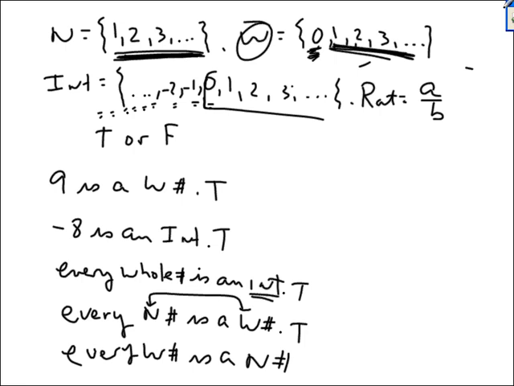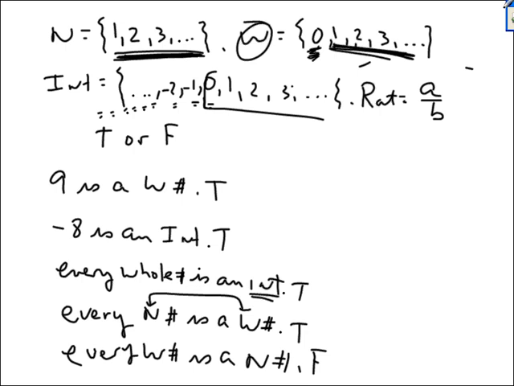Say every whole number is a natural number. That's not true. 7's a whole number, and it's a natural number. 2's a whole number, and it's a natural number. 0's a whole number, but it is not a natural number. So no, not every whole number is a natural number.